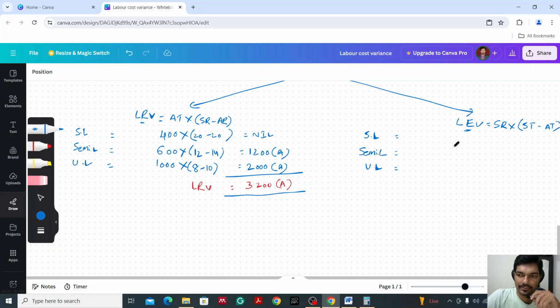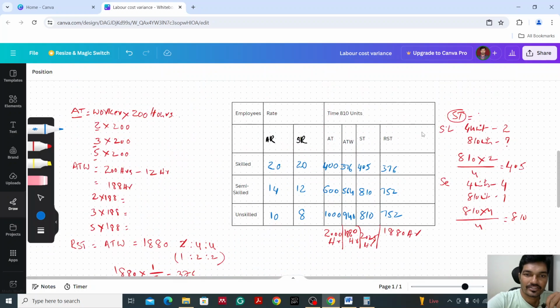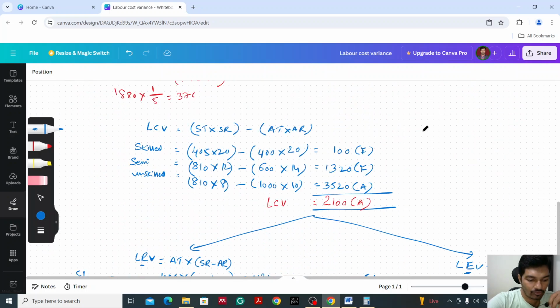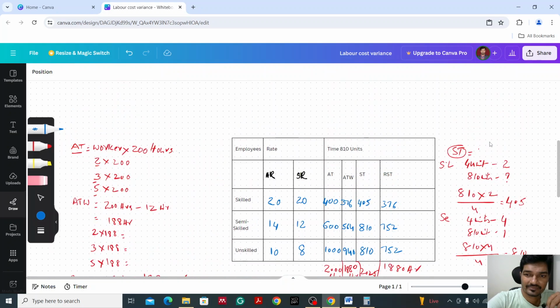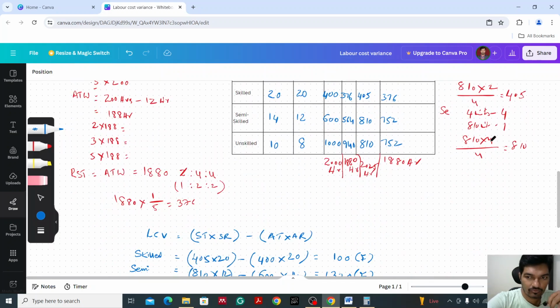For skilled labor, according to the table, the standard rates are 20, 12, 8. So it is multiplied with the standard time.